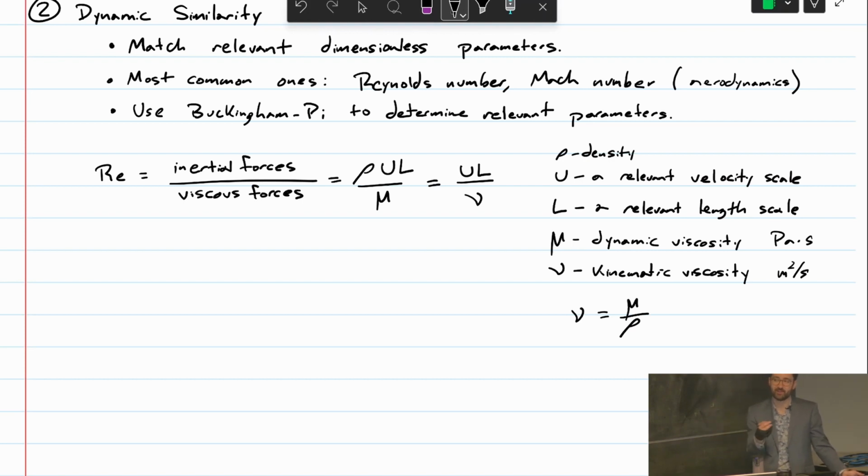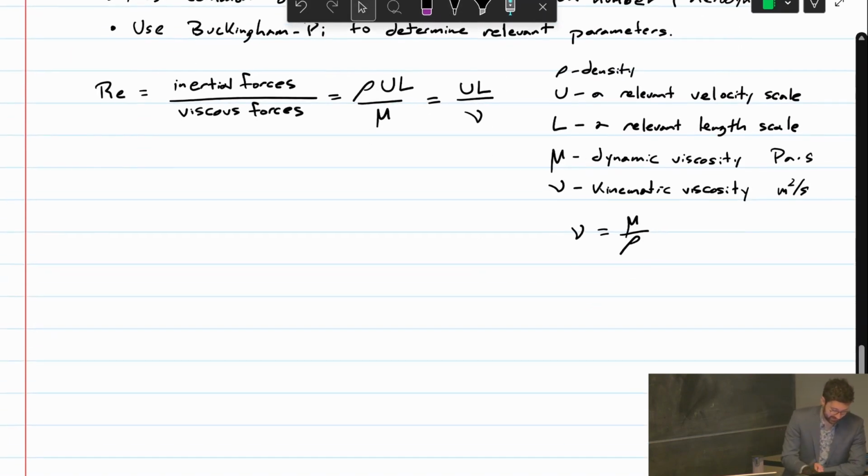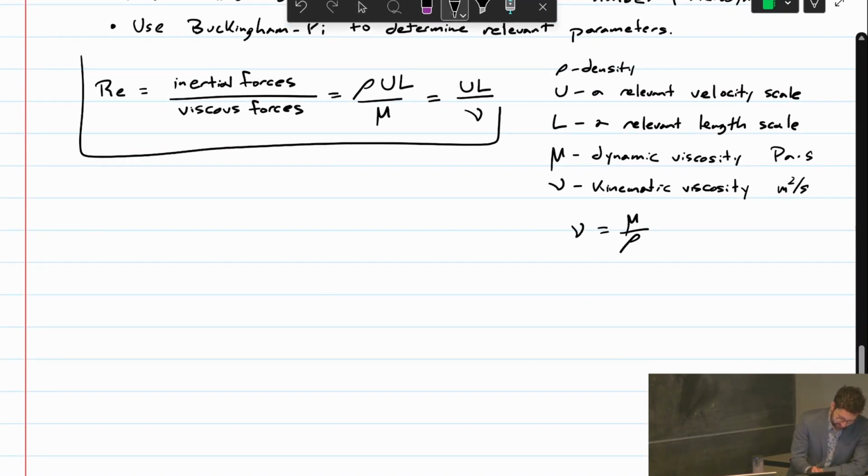You can also say the chord length of the airplane is a relevant length scale. You'll get a different Reynolds number, but since the geometry needs to be scaled uniformly for geometric similarity, the choice of that is actually a little arbitrary. The velocity scale, same thing. As long as you choose the same sort of velocity in your flow, then you get the same Reynolds number.